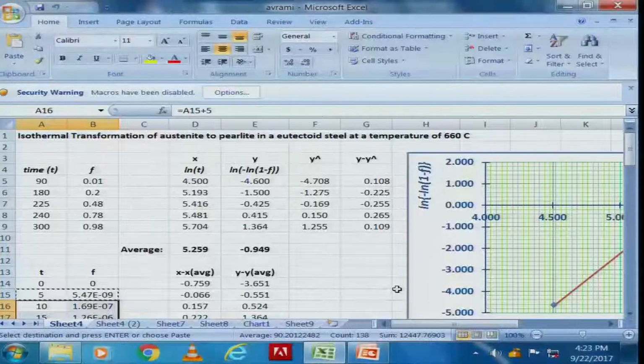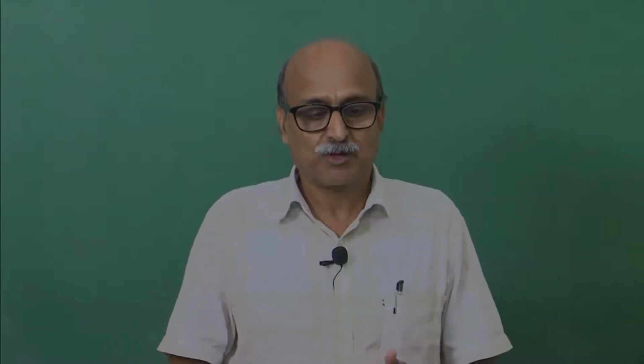Now, with this I will close this discussion on the verification of the Avrami relationship using experimental data, but one of the things that we needed in order to verify this was that we needed to measure certain microstructural parameters as a function of time.